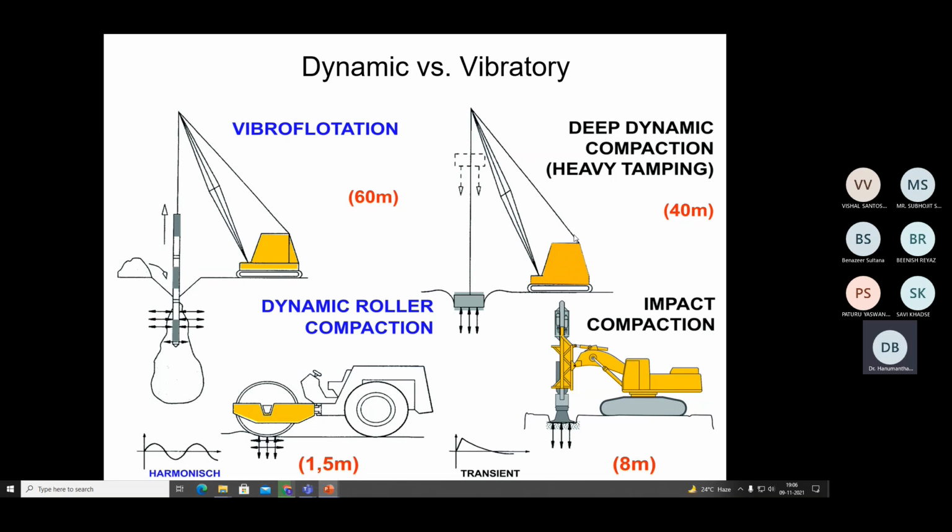And if I want to go a little further deep, then I can go for deep dynamic compaction. If you look at this figure, I take a very heavy weight, lift it to a certain height, then drop it. If I lift a certain tons of weight and drop it, how much energy, maybe in terms of potential energy, is applied at the ground?